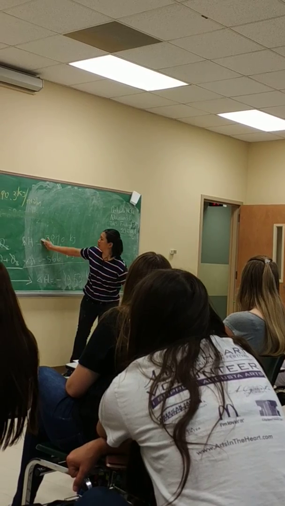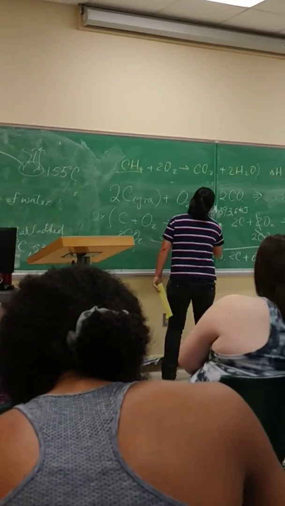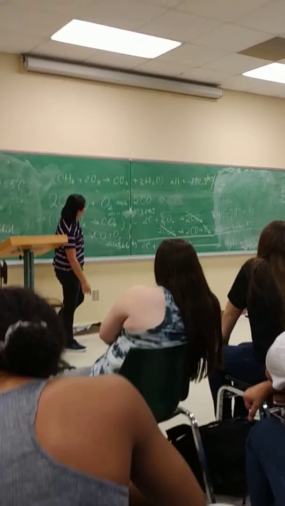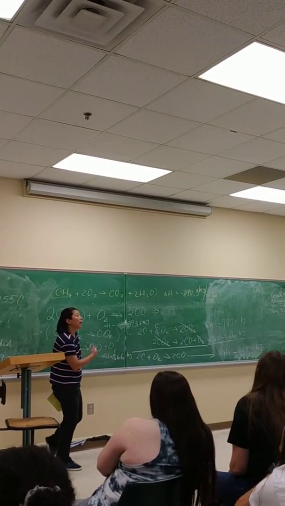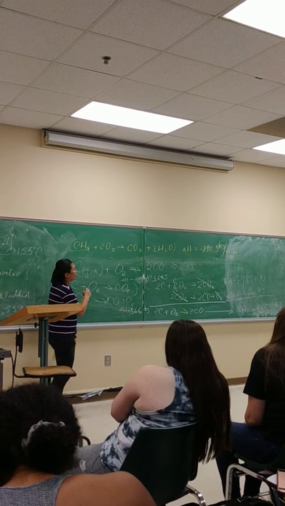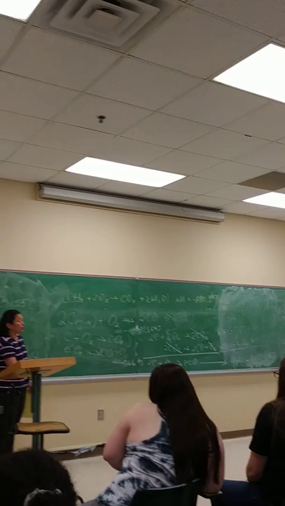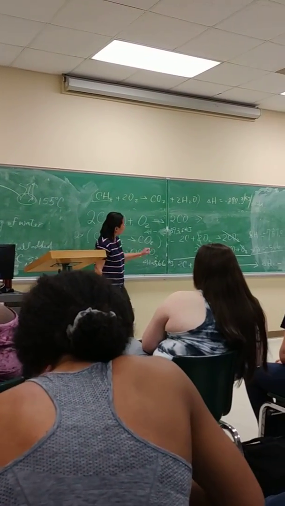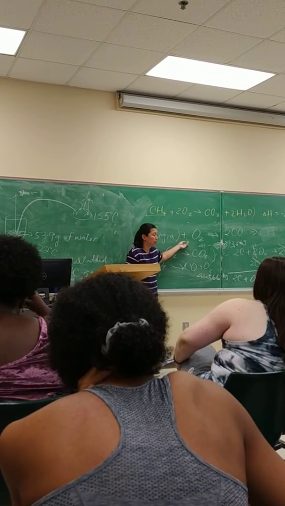Minus, yeah, because it's minus 393.5. Okay? That's how they do it with Hess's law, because the change of enthalpy will not change even if you change the path. So at the end, this is how the scientists know if we do this reaction, we'll still be alive.